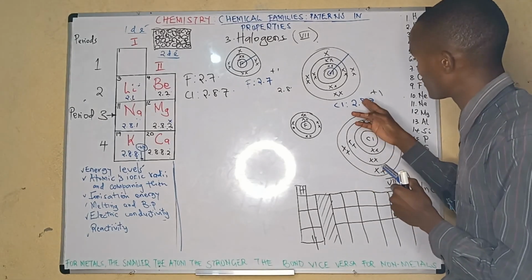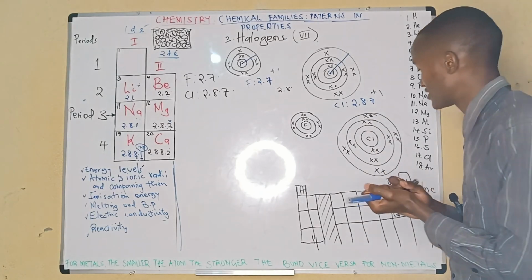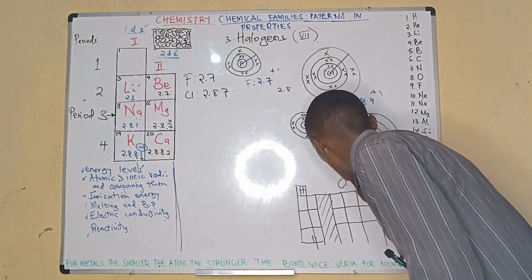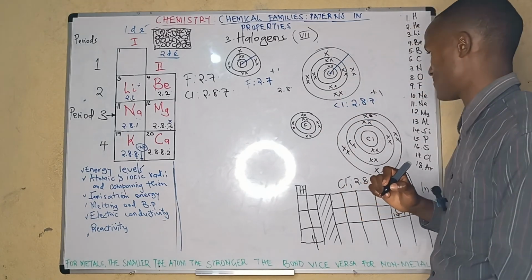The chlorine atom has a configuration of 2, 8, 7, and the chloride ion has a configuration of 2, 8, 8.